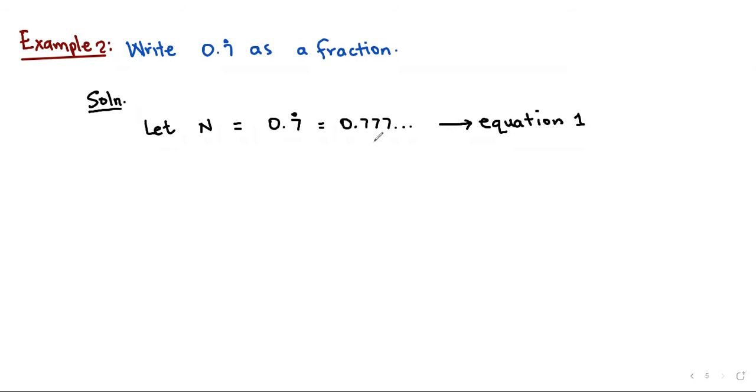So since it is one digit repeating itself, we are going to multiply on both sides of equation 1 by 10 so that we will remain with the integer only.